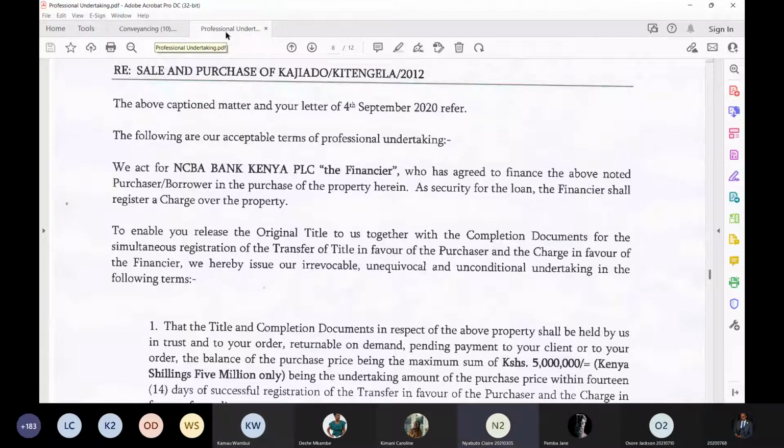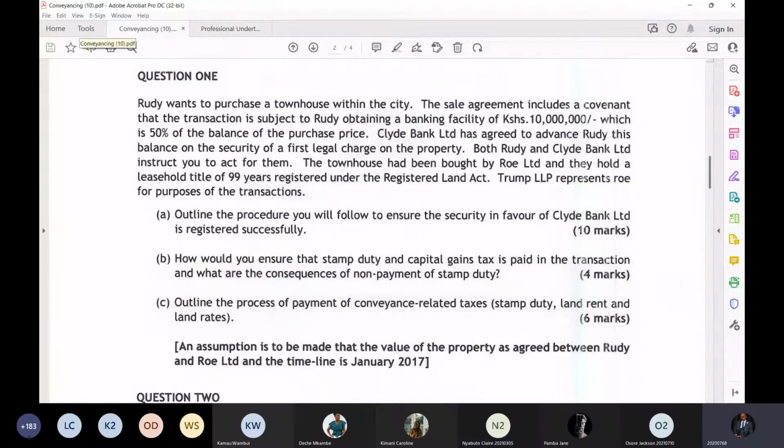I've got a question. Me and some classmates of mine have looked at this question before, and one of us raised a concern, not really a concern, but just a question. The question was about purchase of a townhouse, and it was under the Registered Land Act.